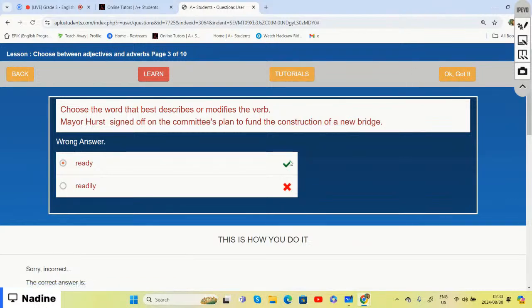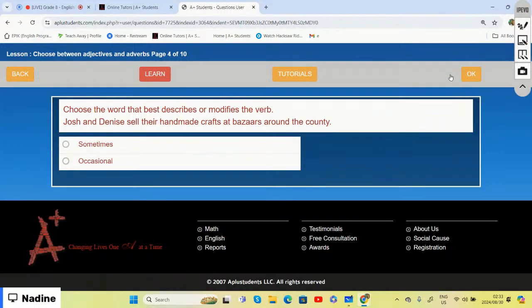Oh, ready. So ready, not readily. So we need to choose the word that best describes and modifies the verb.